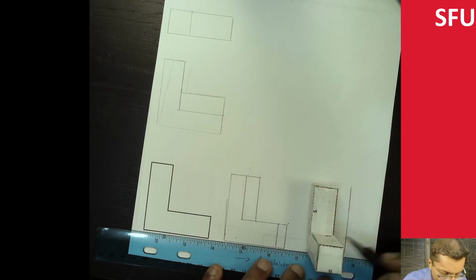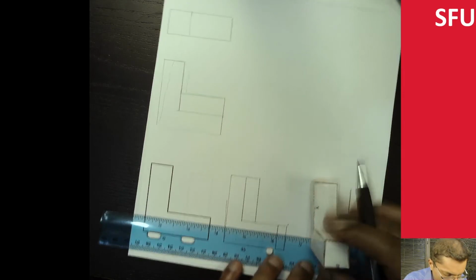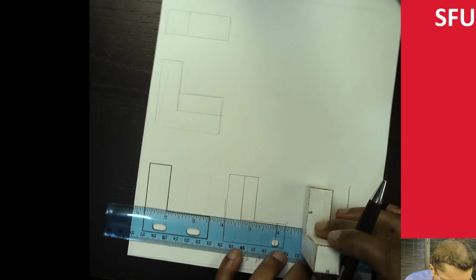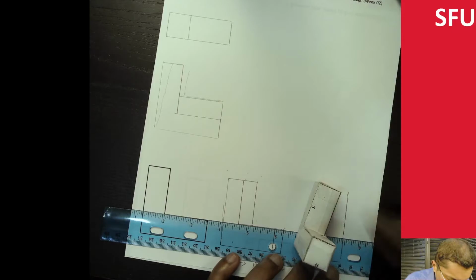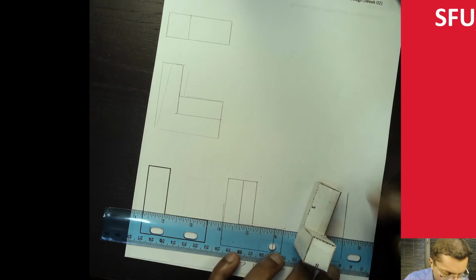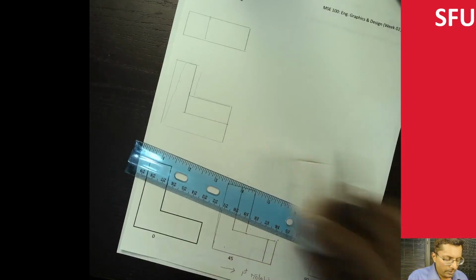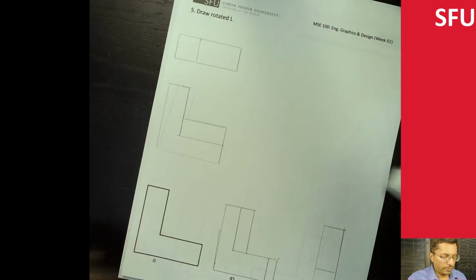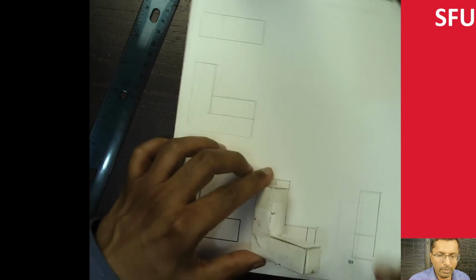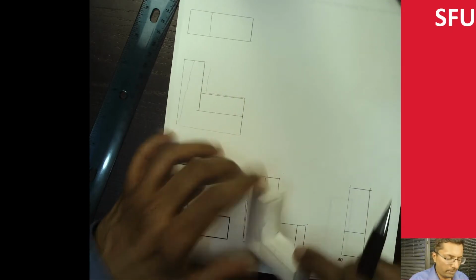See this, and then there's a line somewhere here, and then we have a line over here. So actually, then go back to here, and then we're going to flip it by 45 degrees.